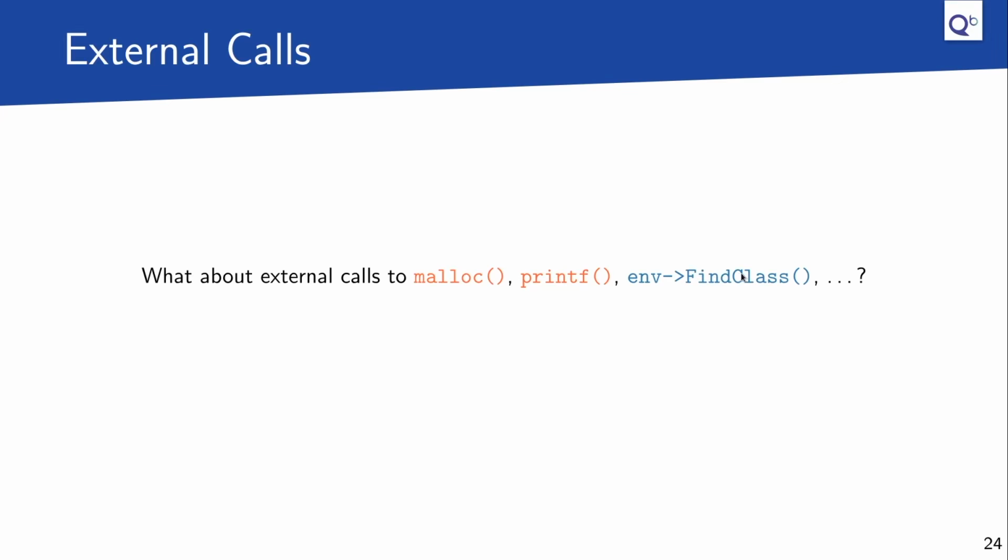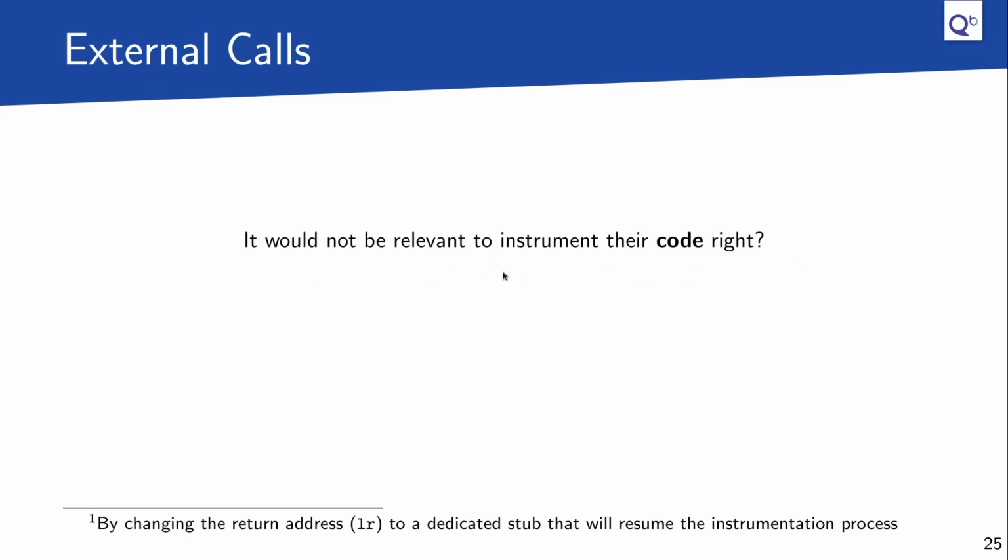Also, in Android applications, you can have functions that use JNI, which are basically functions that make a bridge between native code and Java code. And you don't necessarily want to trace these instructions because you know the behavior of malloc. Malloc is allocating a buffer, so you don't necessarily want to trace these functions.